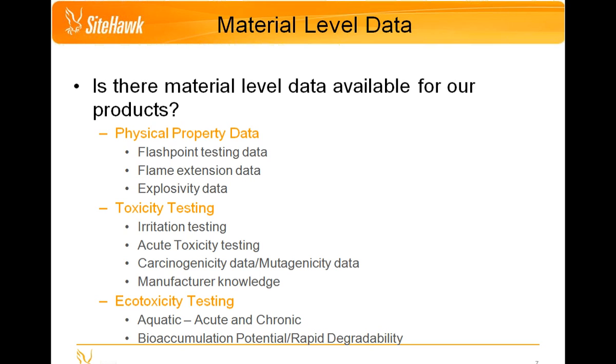And it's possible that testing isn't required if they have enough manufacturer information on the use or results of the use of that material to author the document. That's exactly right. And then finally, is there ecological data available for your material? Perhaps you have aquatic toxicity tests available, or perhaps you have some bioaccumulation data available that can be used to classify your material.